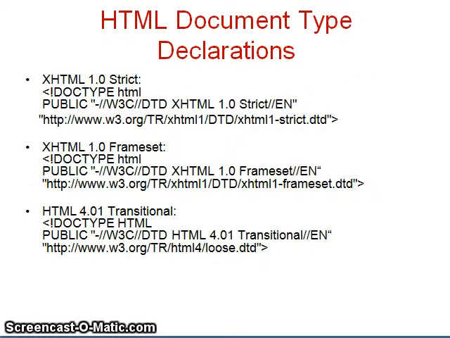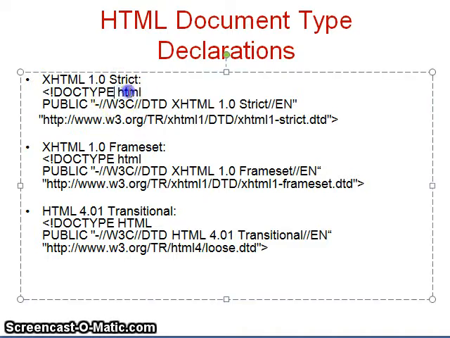If we want to specify which flavor of HTML we want to use, we use different document type declarations. If you want to use the strict flavor, at the start of your HTML document we should have the doctype. The doctype tag initially has html, which specifies the root element.